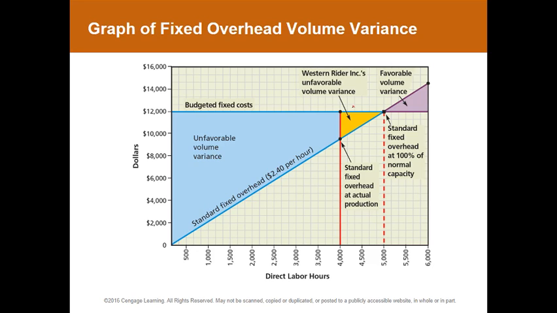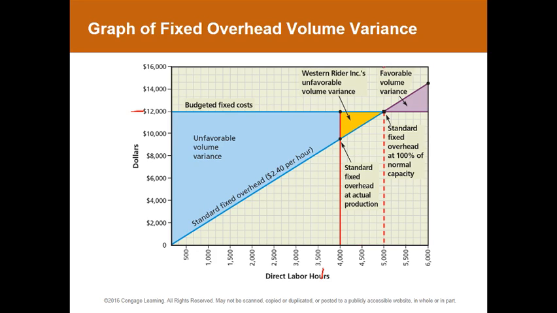So you'll notice here we have our standard fixed overhead at $2.40. And that is this line. So as we produce more, it continues to rise in dollars as we produce more.